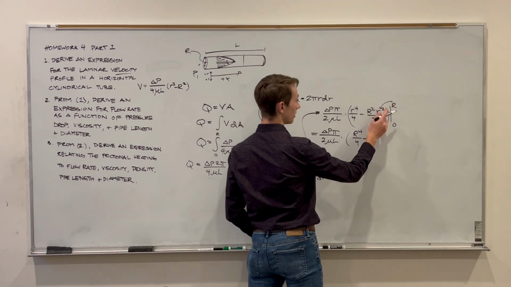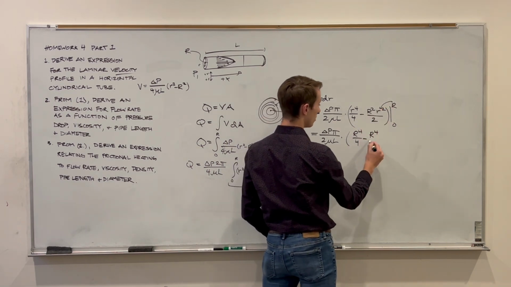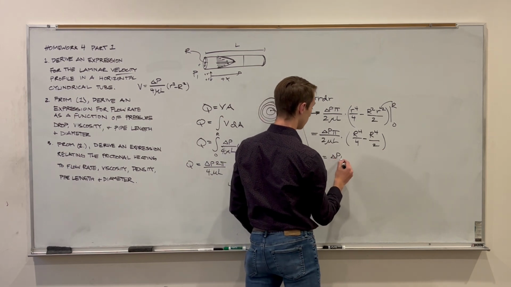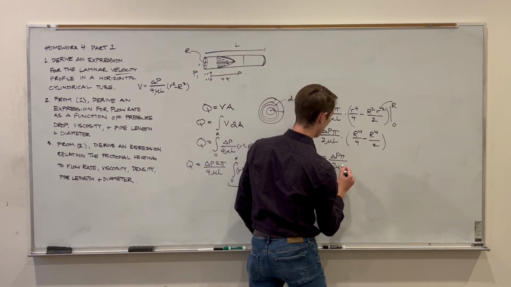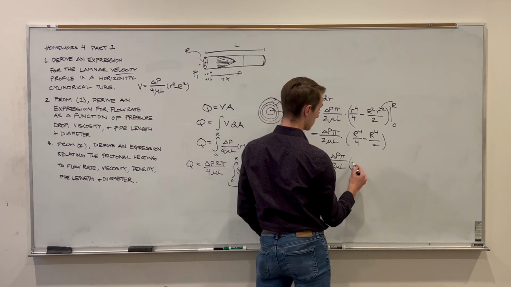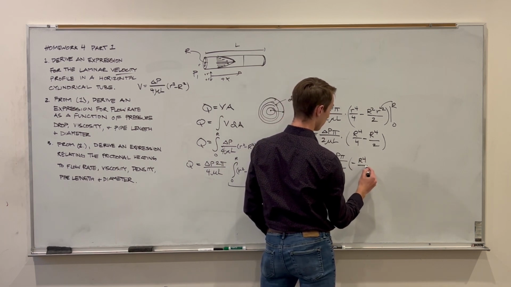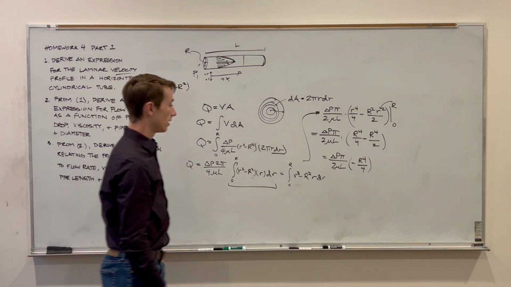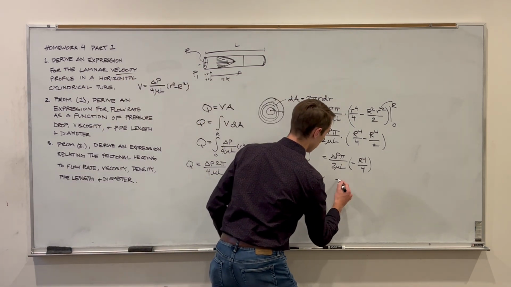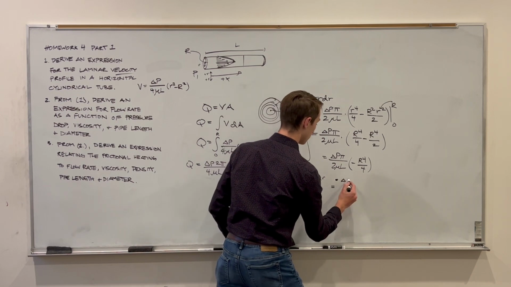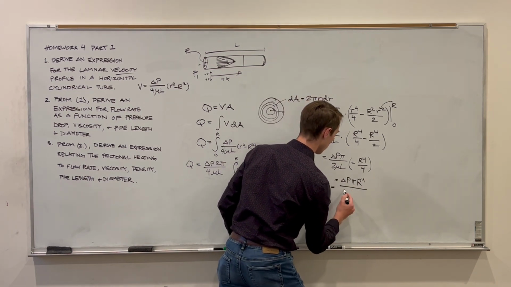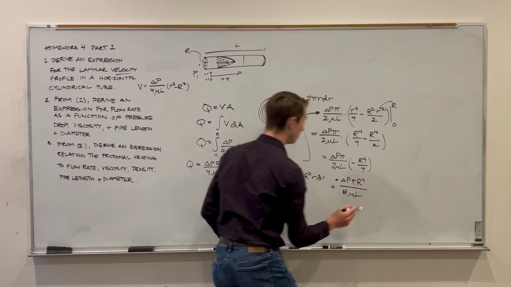Plug in this for here, we get R squared times R squared is R to the 4th over 2, aka this is just negative R to the 4th over 4. Further simplifying this expression, we get delta p pi R to the 4th over 8 mu L.